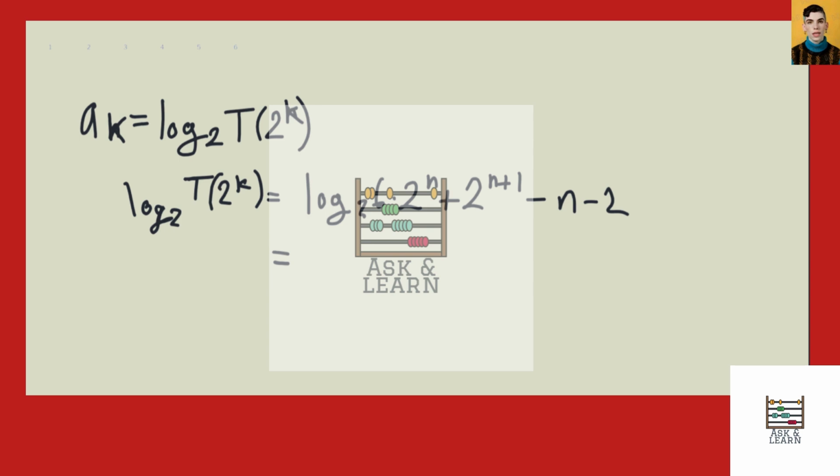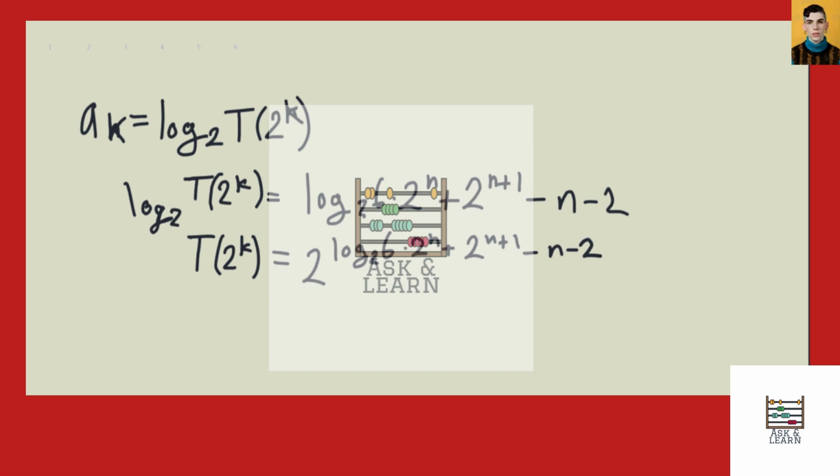Okay, we can take the exponential of both sides, so we get t of 2 to the k is equal to 2 to the power of log 2 of 6 times 2 to the n plus 2 to the n plus 1 minus n minus 2.